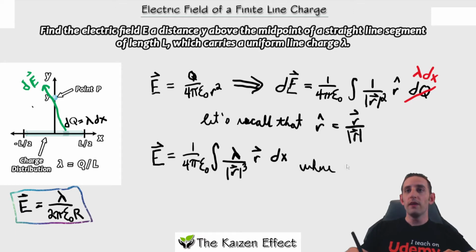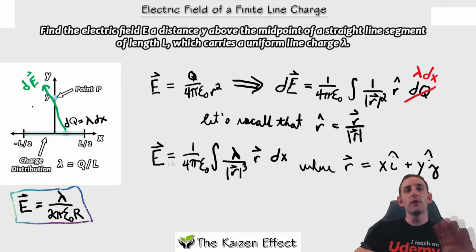So we know that our r vector is going to have an x component in the x direction and a y component in the y direction, all right? So we're going to have an x component of the electric field, a y component, and the total electric field is going to be both of those guys added together.